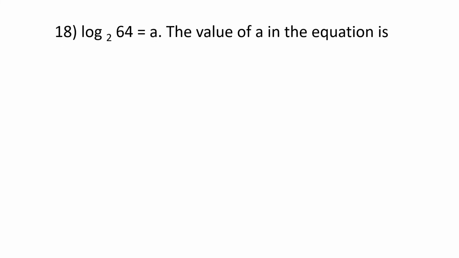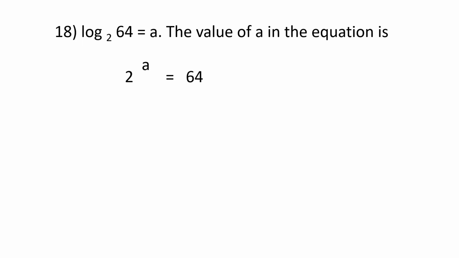18th question. Logarithm of 64 to the base 2 is a. You have to find the value of a in the equation. You can convert the above equation to the index form. The base is 2, the index is a and the value is 64. 2 to the power a is equal to 64.